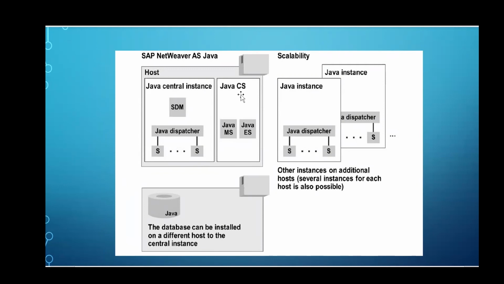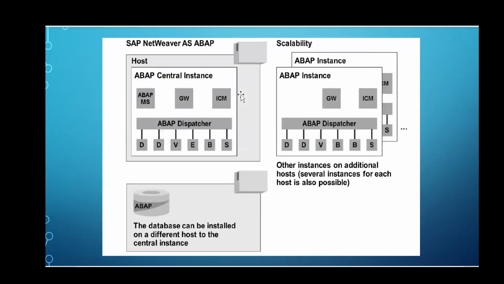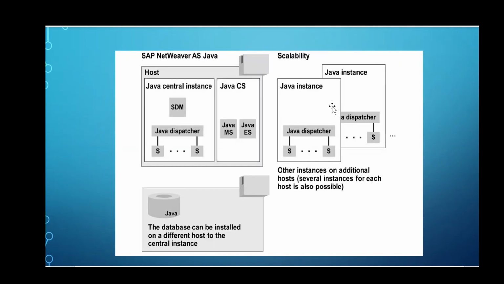That's a major difference, which I couldn't hear from you. And the second difference, you have these ABAP instances where I have my gateway and ICM, correct? Yes. But in my Java instance, I couldn't see those services, right?